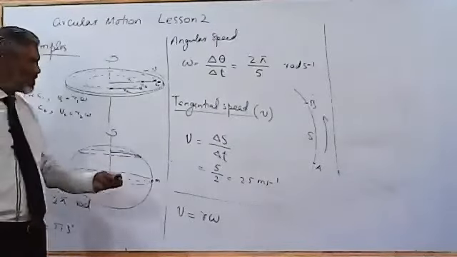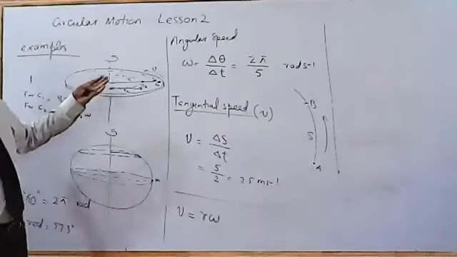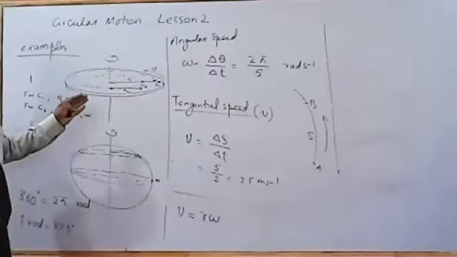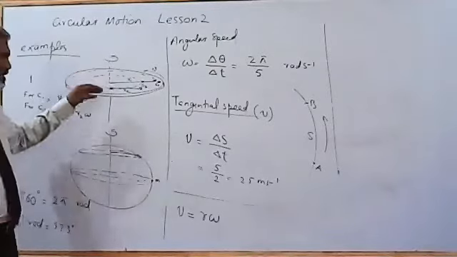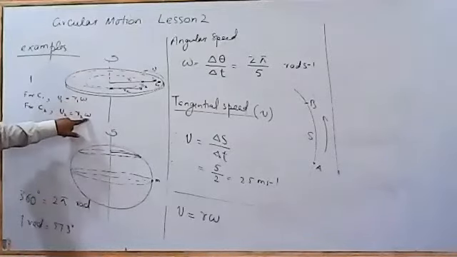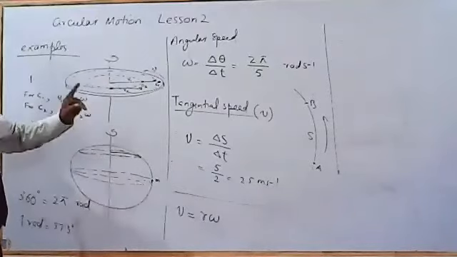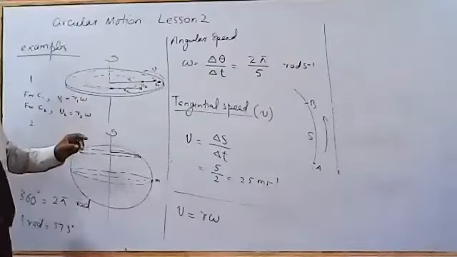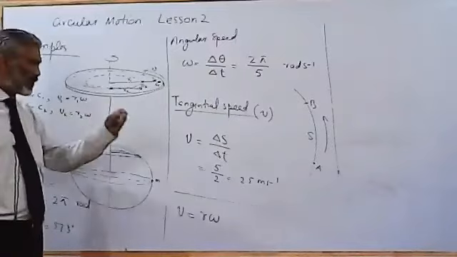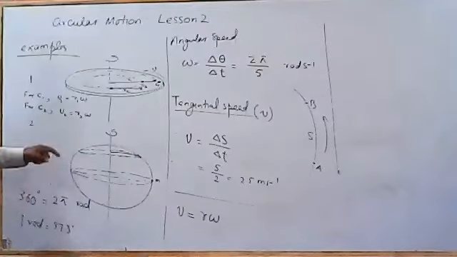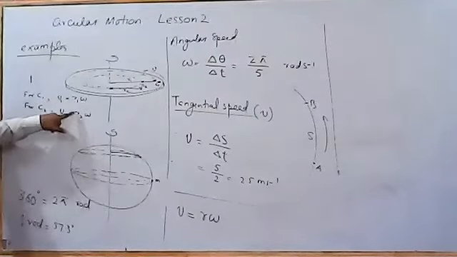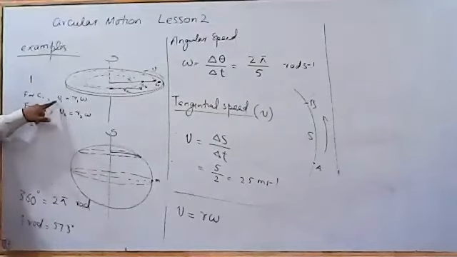So that means two different objects placed on a rotating disk will have same omega. The reason for this omega being same is because same angle is covered in given time for the two objects, even if they are placed at two different positions. But due to their different positions, their speeds that we call tangential speed become different.